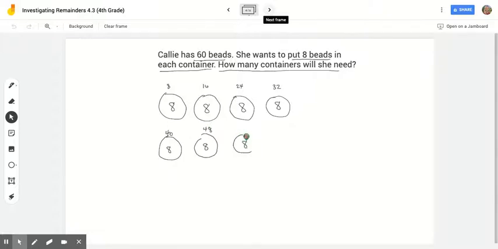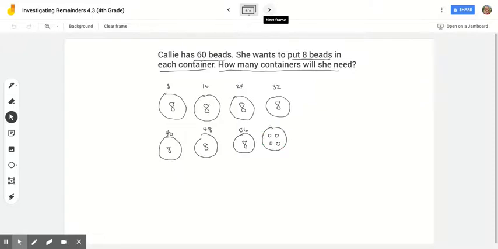Another 8 makes 56. Okay, now we're at the point where we're going to find the remaining beads, right? So we've got 56 used, and then we've got 57, 58, 59, 60. Well, she's not going to just leave these rolling around her bedroom. She wants another container. So in this case, she'll get another container.